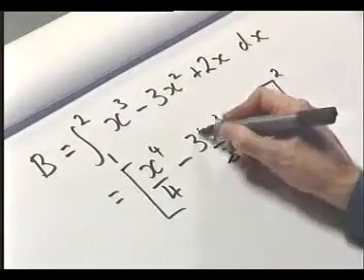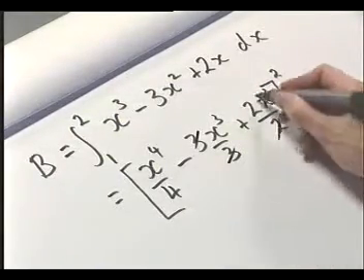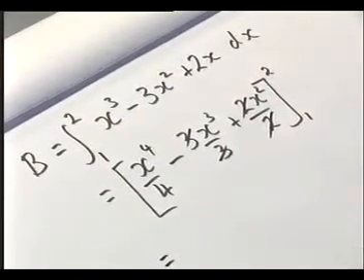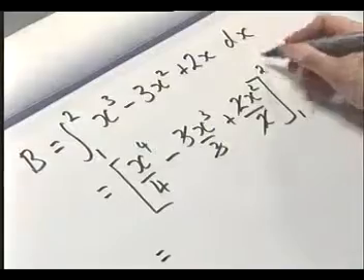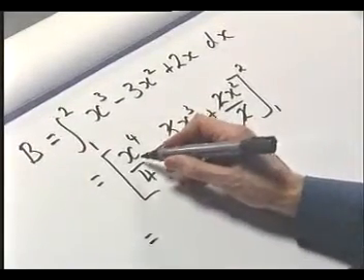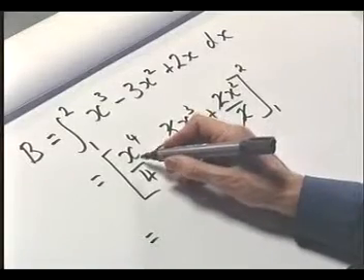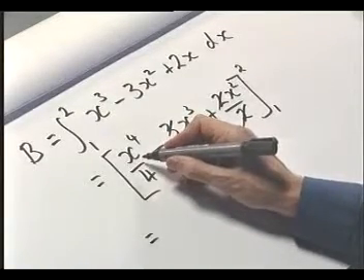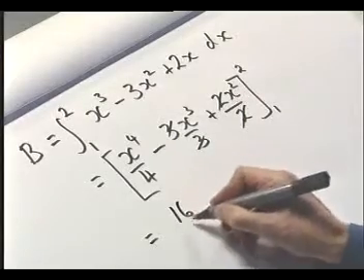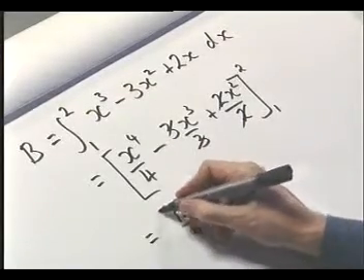And again, we can cancel the 3's and we can cancel the 2's. So now let's substitute in our upper limit. X to the power 4 when x is 2. So that's 2 multiplied by itself 4 times. And that gives us 16 over 4.